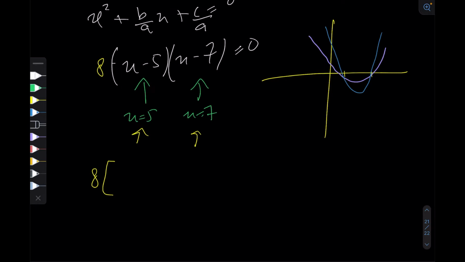So the way you multiply these two brackets is that you take one term, multiply it with this, then with this, and then you take the other term, multiply it with this, and then with this.